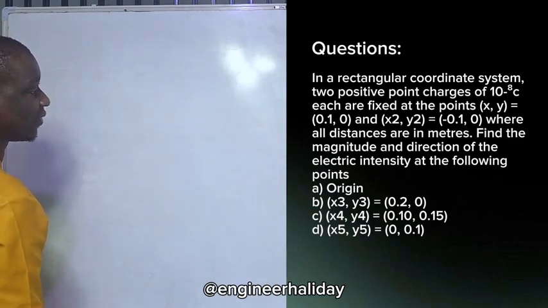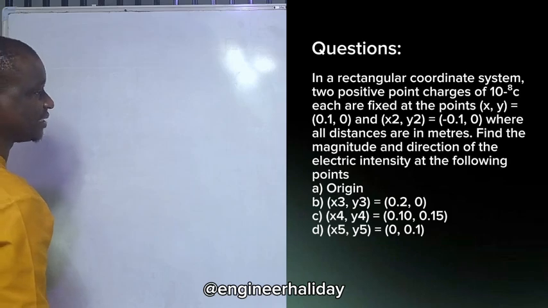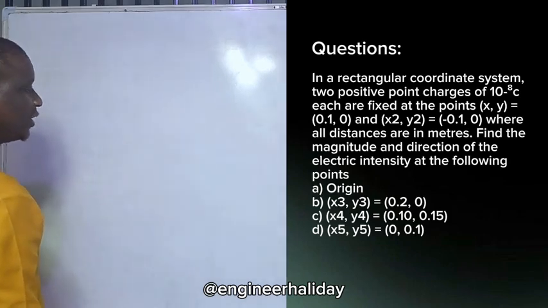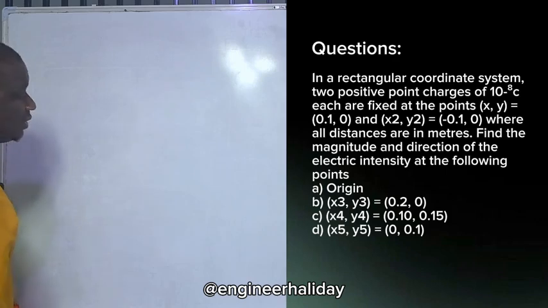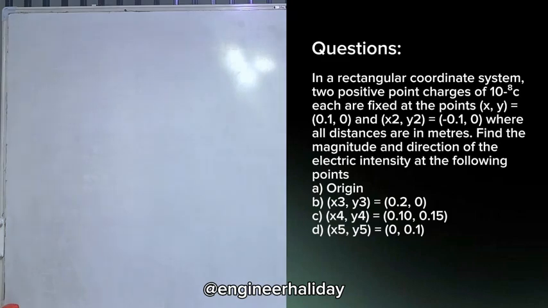Find the magnitude and direction of the electric intensity at the following points: A, at the origin; B, (x3, y3) equal to (0.2, 0); C, (x4, y4) equal to (0.10, 0.15); D, (x5, y5) equal to (0.1, 0.1). These are the four questions we want to solve quickly under this question.